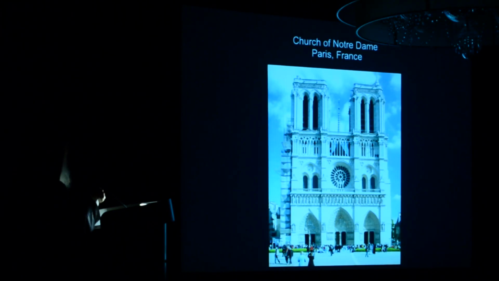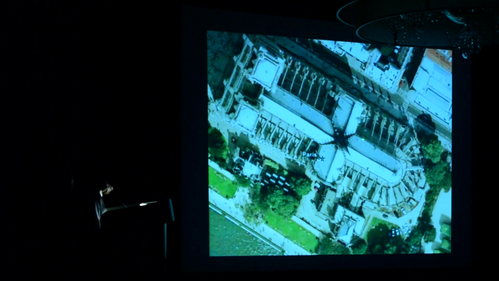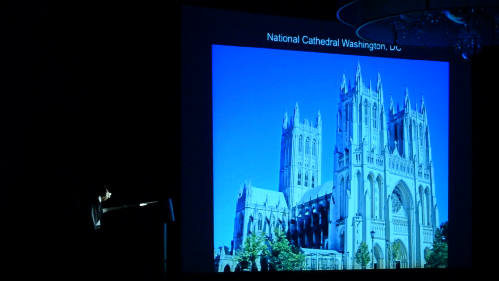Then you have, in the West, the development of the so-called cathedral. This is Notre Dame in Paris, which actually is a basilica with these kind of bell towers. This is a view from above, and you can see the cross-line basilica. And we have our own National Cathedral in Washington, an Episcopalian church.